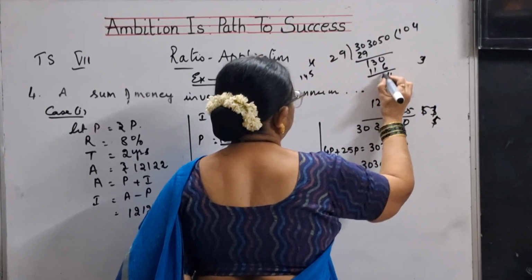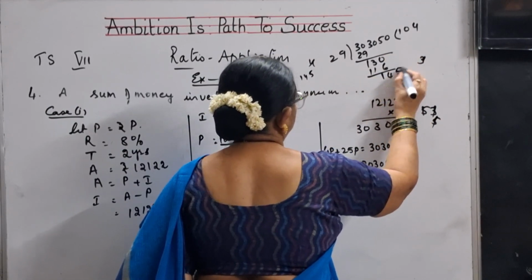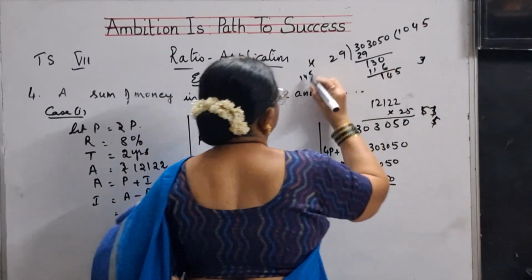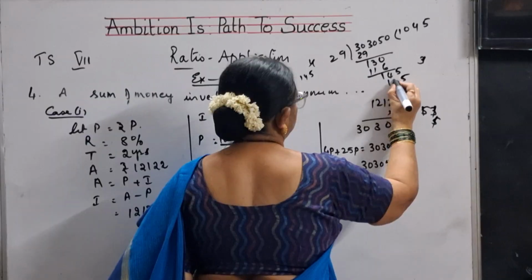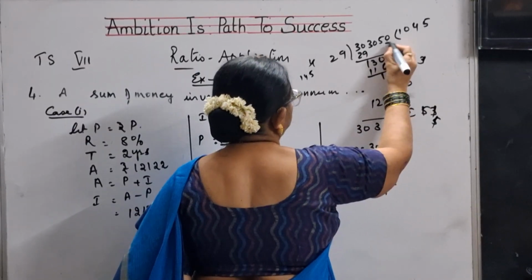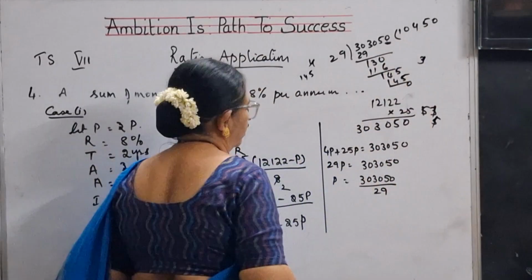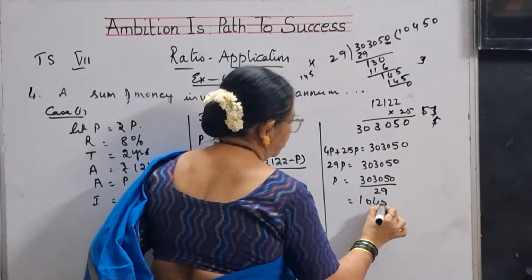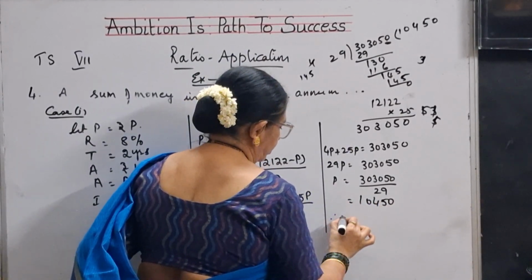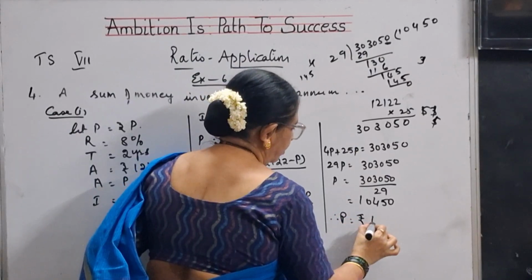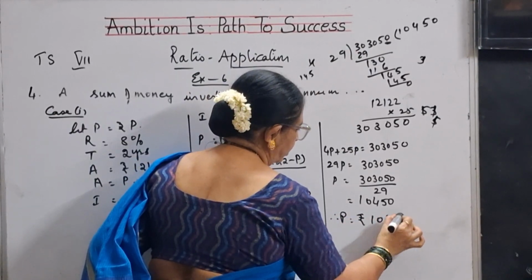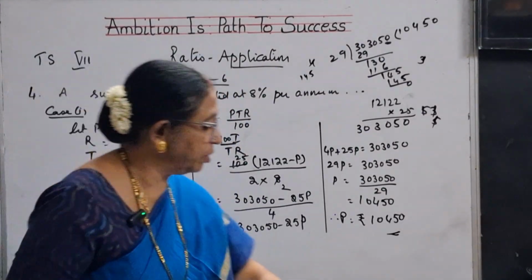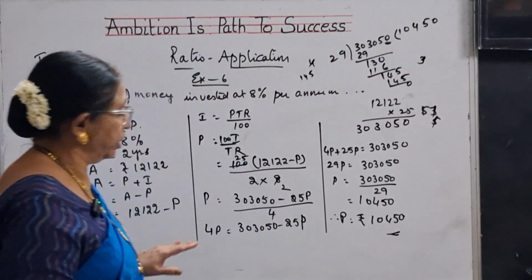So I am getting 4 here, 1 here, 5. With 5 nines are 45, 5 twos are 10, 1, 4, 5. So one more 0 is left here, you take it here. So how much you are getting? This value is 10450. So principal is rupees 10,450. This is the principal that you have got in case 1.